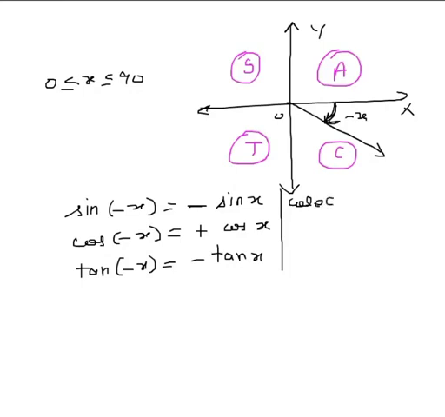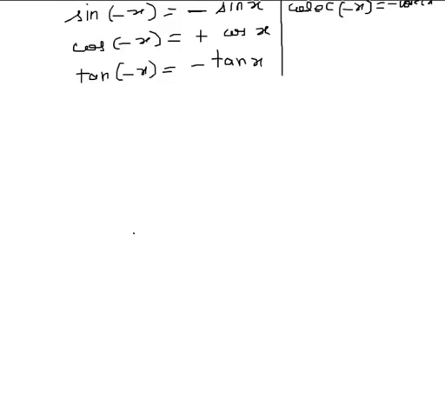Now cosecant is the reciprocal of sine, so cosecant of minus x is equal to minus cosecant x. And secant of minus x, secant is positive in the fourth quadrant, so it becomes plus secant x. And then cot of minus x, cot is negative in the fourth quadrant, so minus cot x.